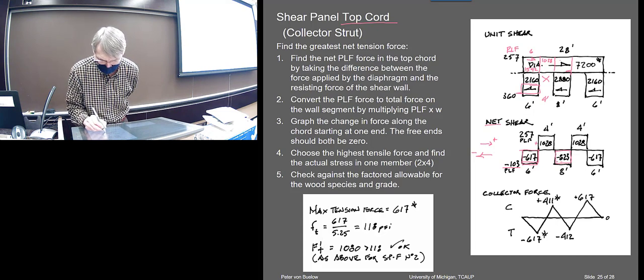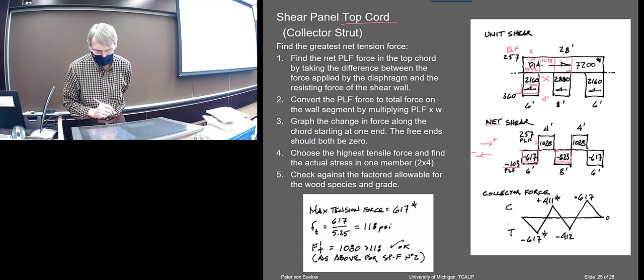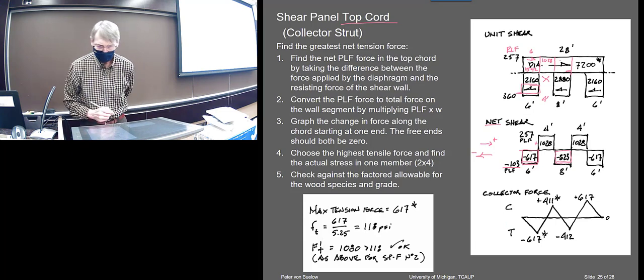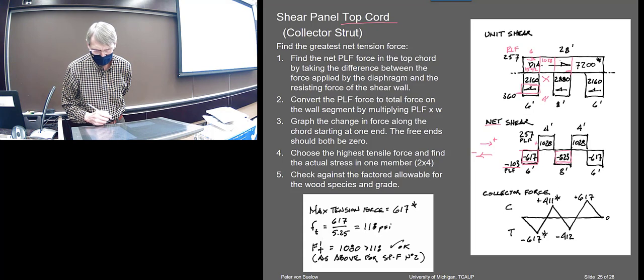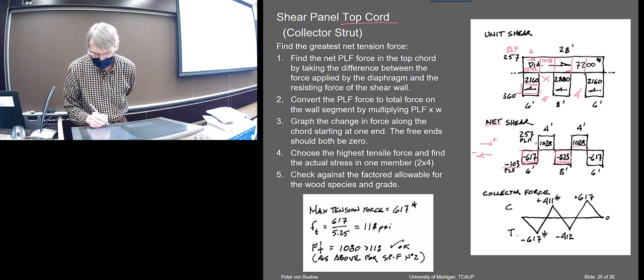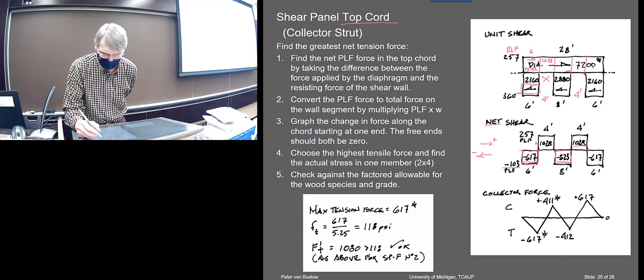So here, the net force on the collector strut is going to be negative 823. Here again, I've got a 4-foot window. So in this section, I've got the 1028. And then on this end, it's like the same as the start.